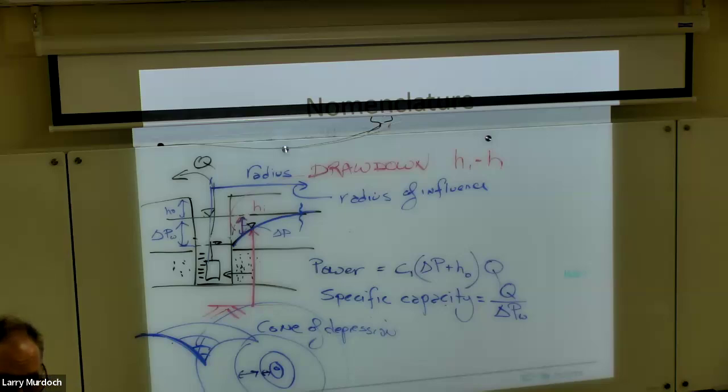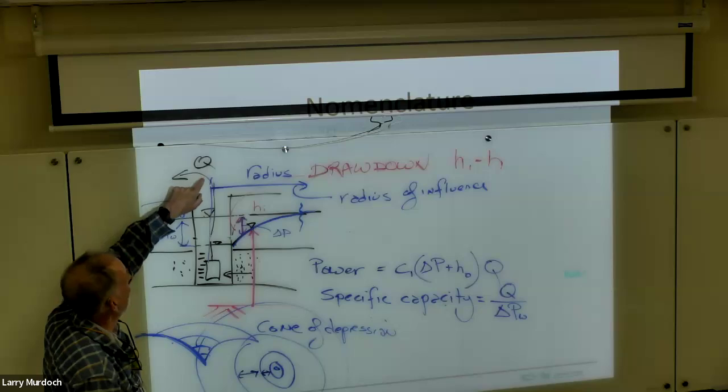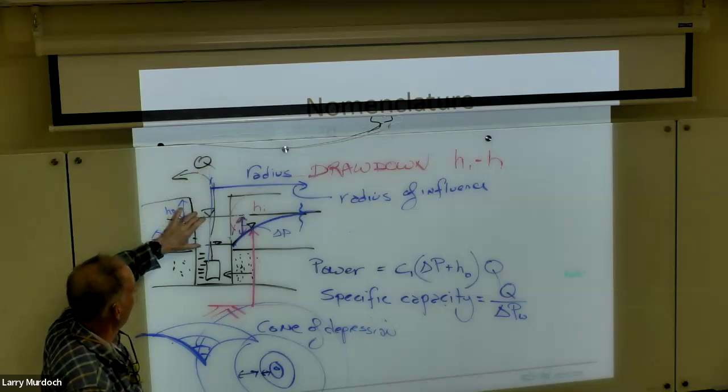Okay, so when we talk about how much this well can produce, what you hear people say is, well, this is a 10 gallon a minute well, or a 50 gallon a minute well, or something like that. But really, the way that it's going to work is the rate at which you can pump water out will depend on what the drawdown is.